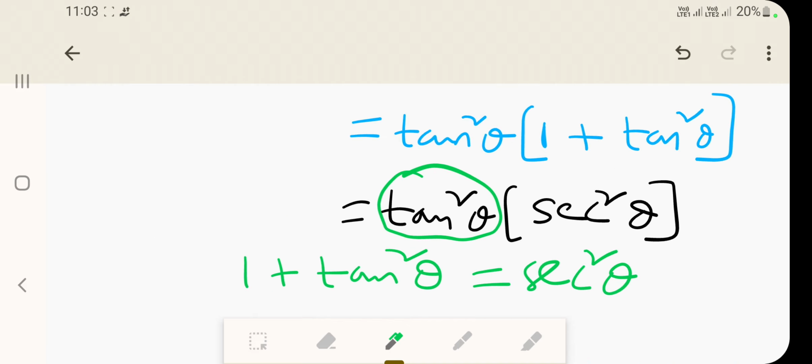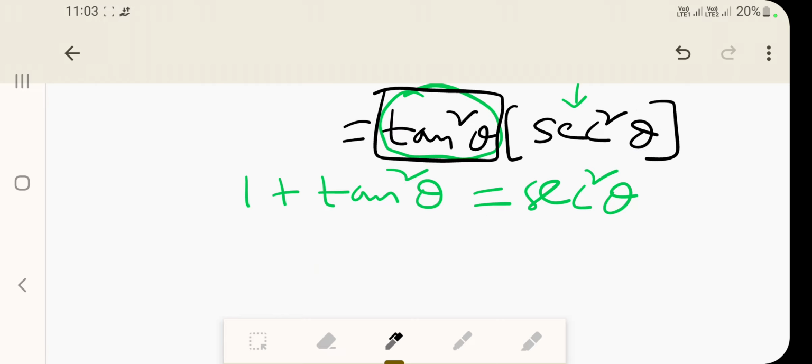So we can't stop here by replacing 1 plus tan square as secant square theta, because both the terms in the RHS are secant. So this tan square theta also we are going to replace in terms of secant, then we get both the terms of RHS. Okay.